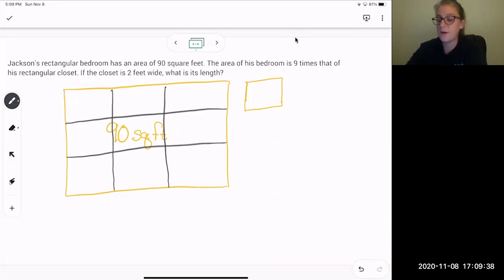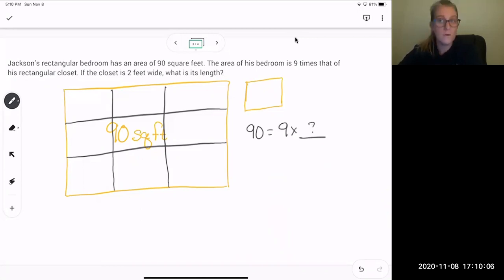But if you think about it, 90 square feet, what can I divide 90 by to figure out how much square feet is going to be in each of these boxes? Well, I know there's 9 boxes because it's 9 times that. So really we're thinking about 90 is equal to 9 times something, right?